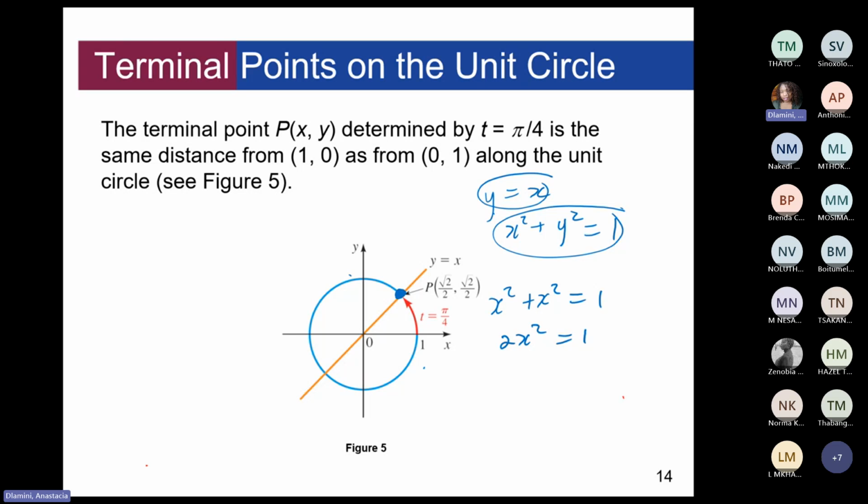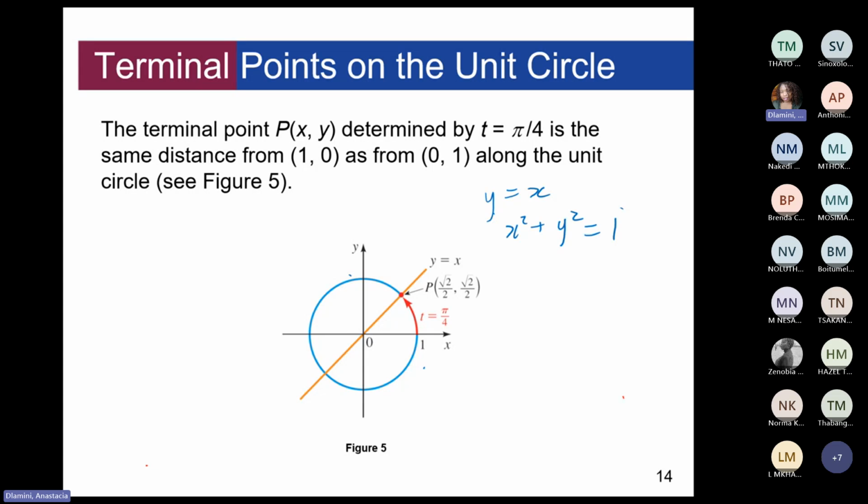Isn't that we're finding the point of intersection, guys? Can you repeat that? They're telling us that the point P is the intersection of this line y is equal to x and the circle, and when finding a point of intersection, we equate them. So what are we going to do here?